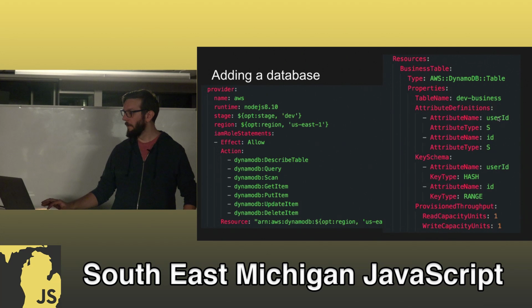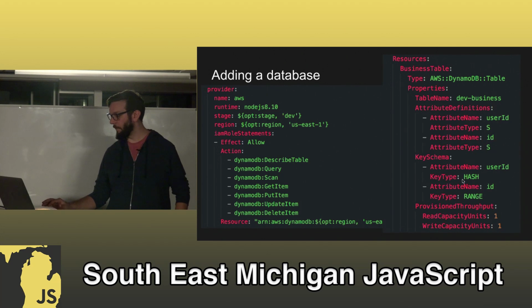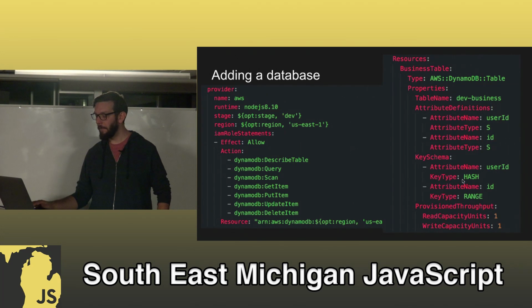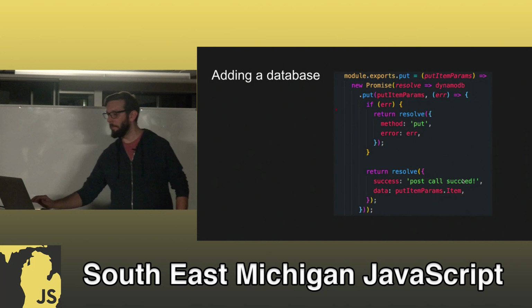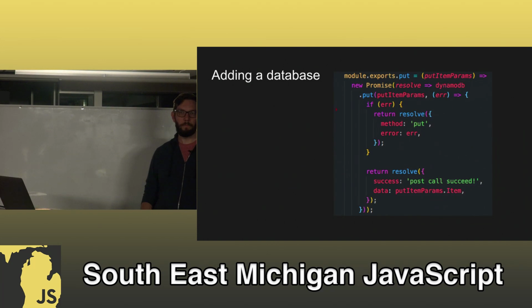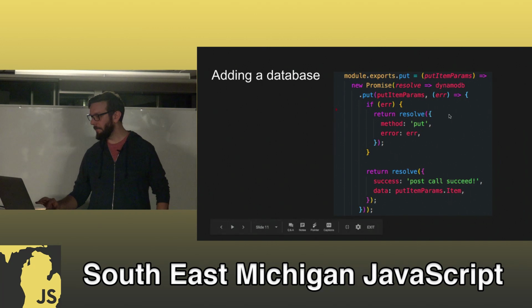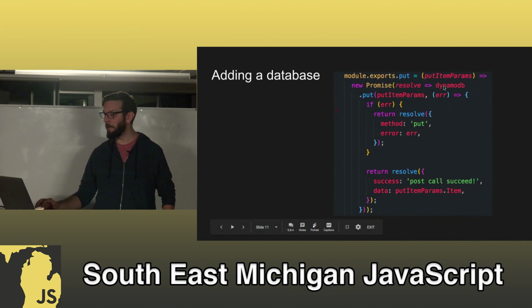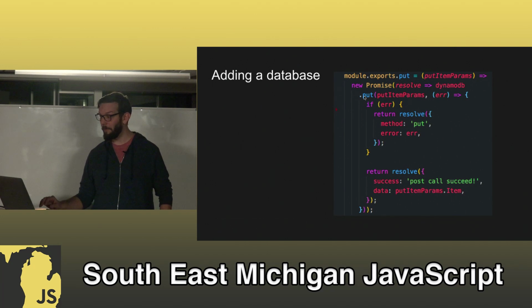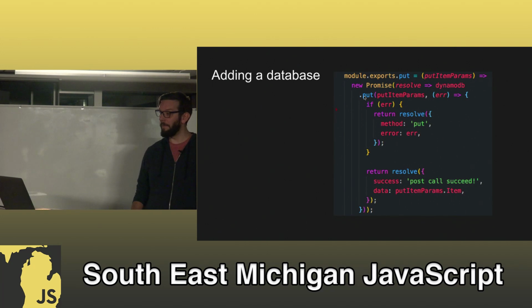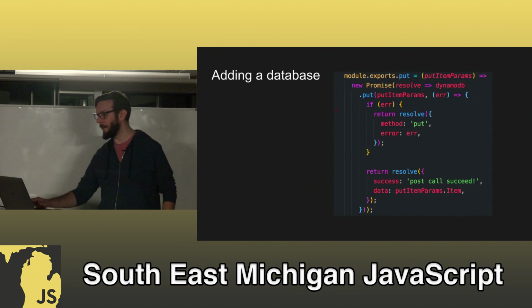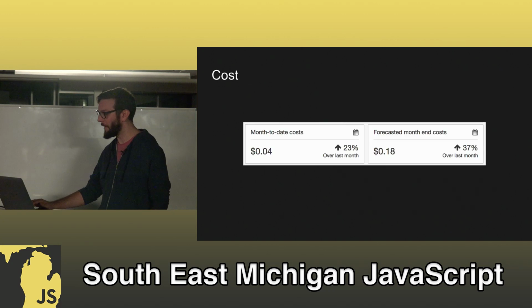It has a user ID and ID, so pretty fancy. I don't have a running demo of that, but you can hit this database just by pulling in a library, DynamoDB, that's provided by AWS, and making a request. So these are the basic tools that you need to make a website, or to make an application, and it can really happen very fast.